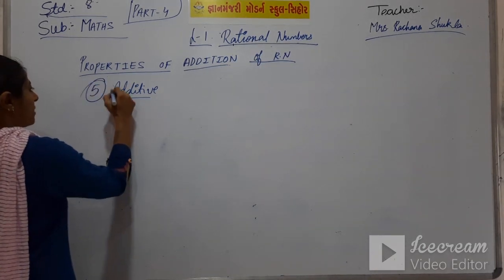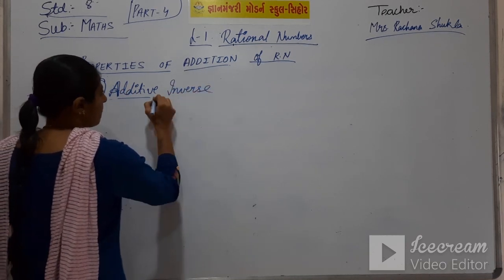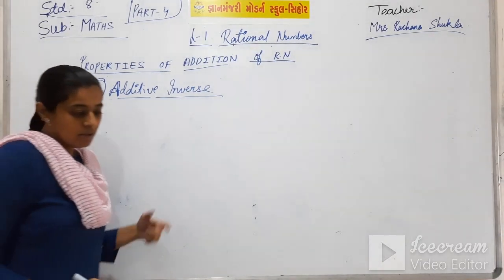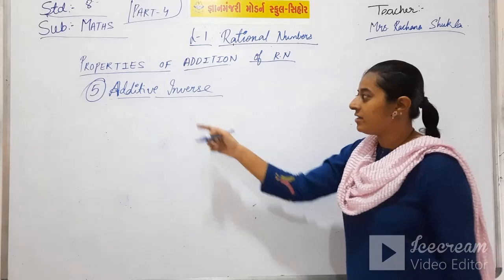The fifth property is additive inverse. What is the fifth property of addition, additive inverse?